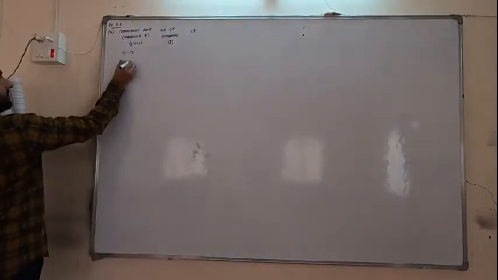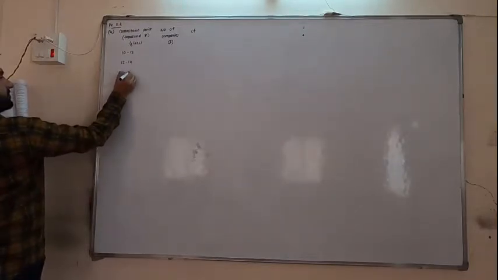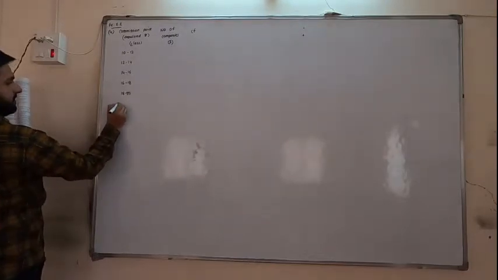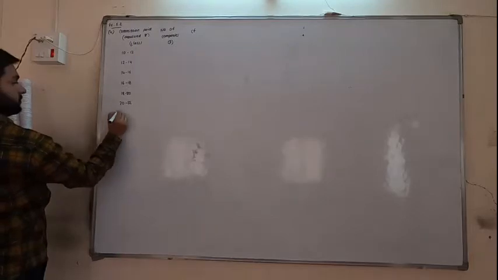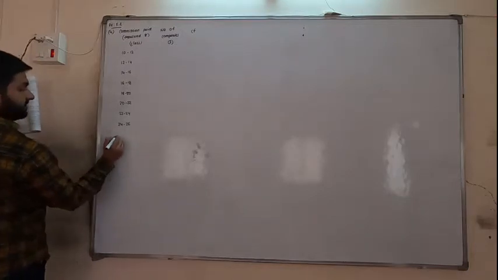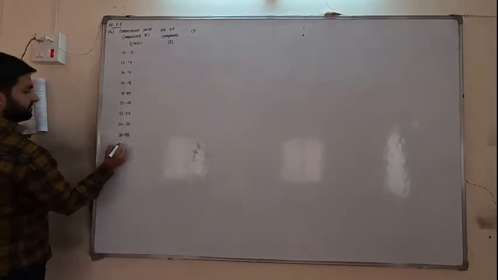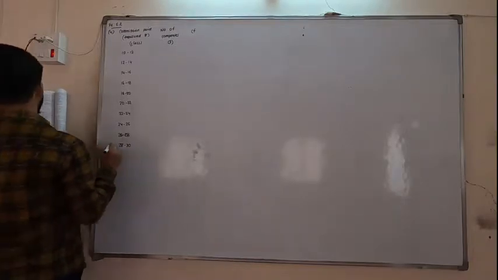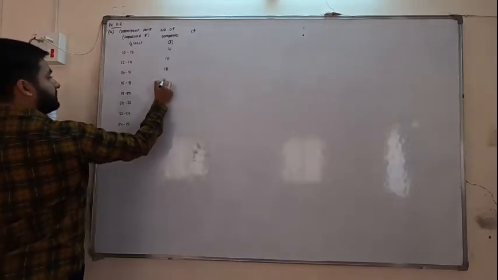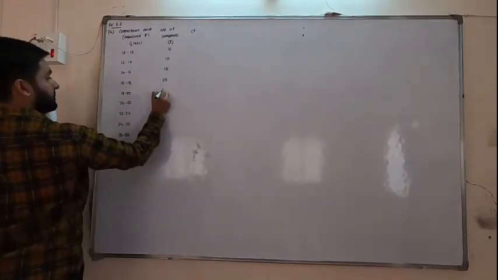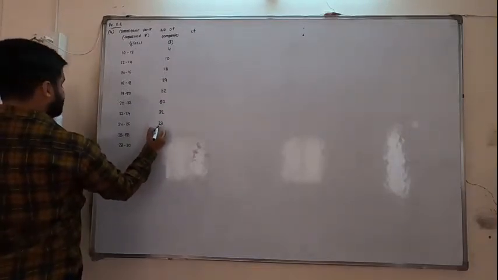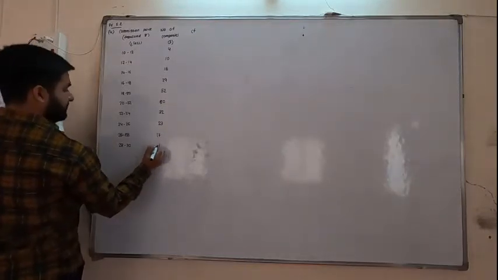Classes: 10 to 12, 12 to 14, 14 to 16, 16 to 18, 18 to 20, 20 to 22, 22 to 24, 24 to 26, 26 to 28, 28 to 30. Frequencies: 4, 10, 16, 29, 52, 80, 32, 23, 17, 1. Cumulative frequencies: 4, 14, 30, 59, 111, 191, 223, 246, 263, 264.